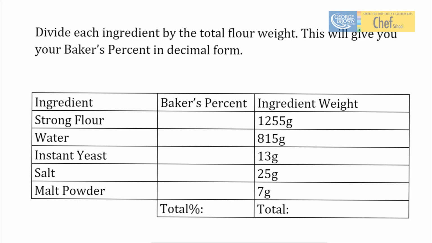So, let's try this example. Now, we've already said that flour has to be 100%. So that's where you're always going to start whenever you're trying to calculate Baker's percent. We've got the weight of our flour here, 1,255 grams.